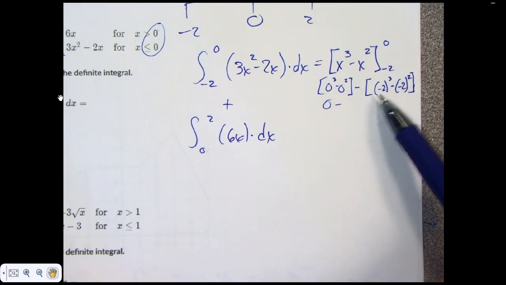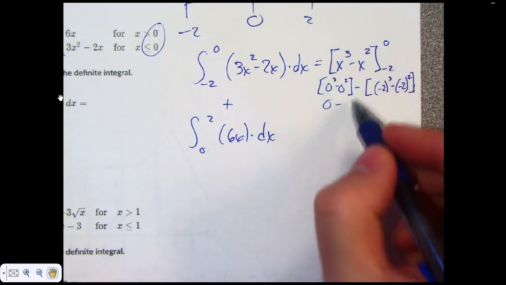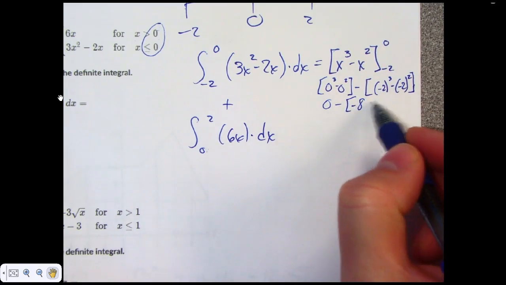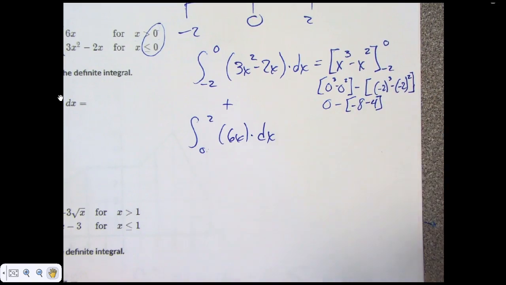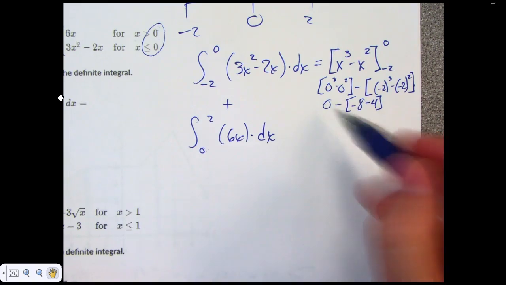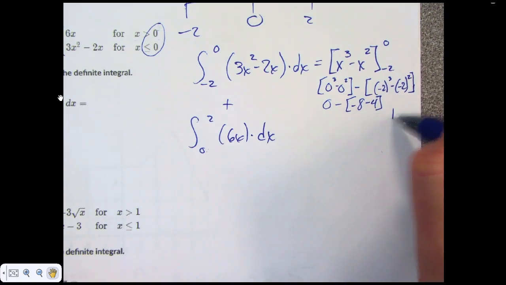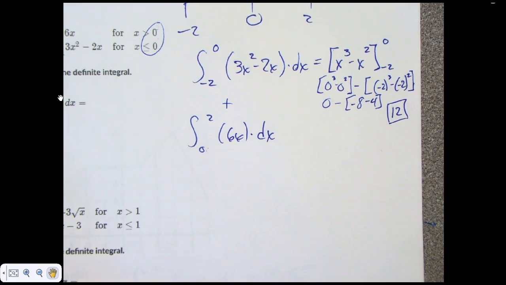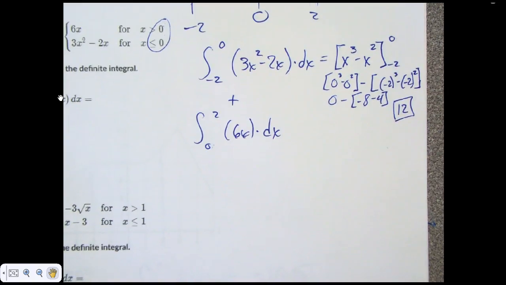And this will be negative 8 minus 4. So 0 minus negative 12. This part up here is 12. But that's just like the first part of the integral.